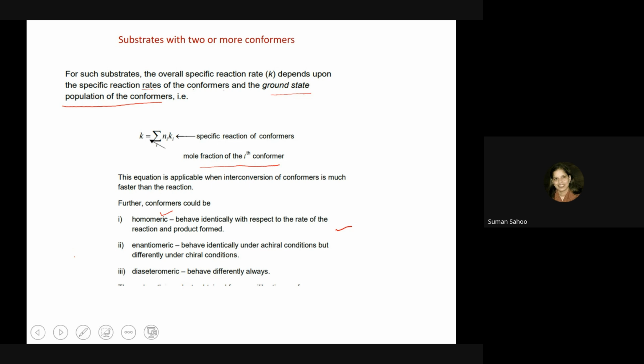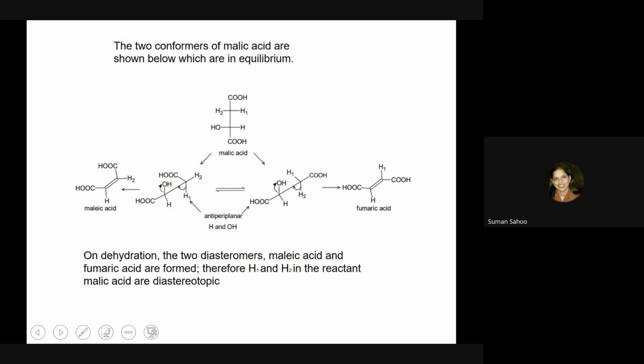For example, in the case of malic acid, this malic acid can have two conformations. This one is the eclipsed conformation, and this one is the staggered conformation, which are interconvertible. This eclipsed conformer, when it undergoes an elimination reaction, gives maleic acid, which is the cis acid, and this staggered conformer, upon elimination reaction, gives fumaric acid, which is the trans acid.